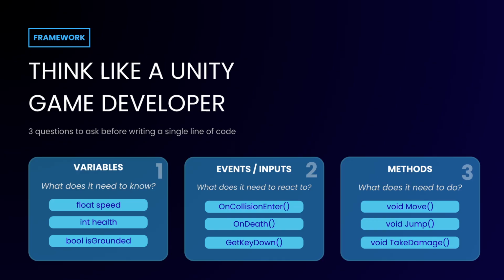So you can see how, when we thought like a Unity game developer, the main key behind that is that there are components that build up most objects inside Unity. And the reason that is important is that Unity likes to work around the idea of objects and components coming together as one. That is why it helps to think like a Unity game developer: what does your object need to know?